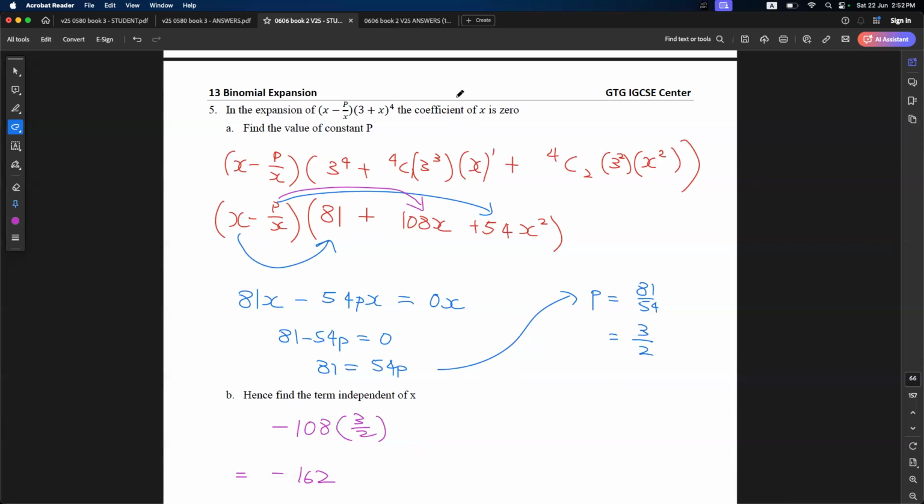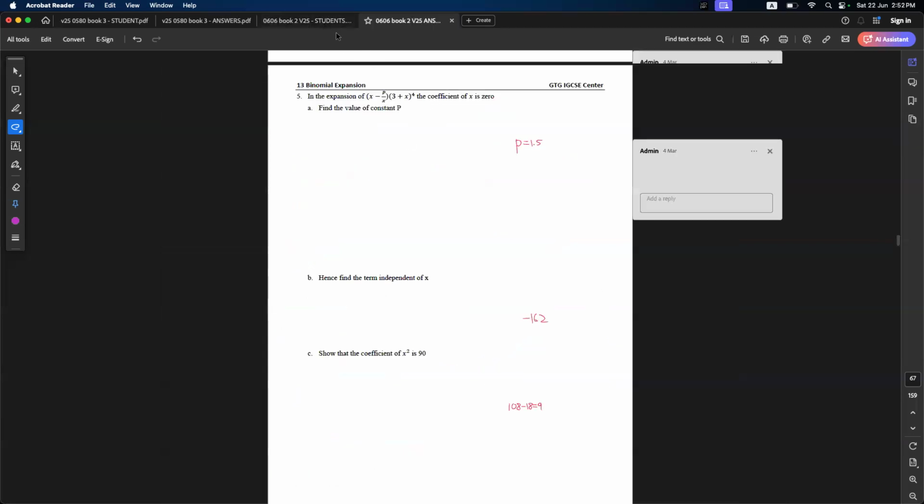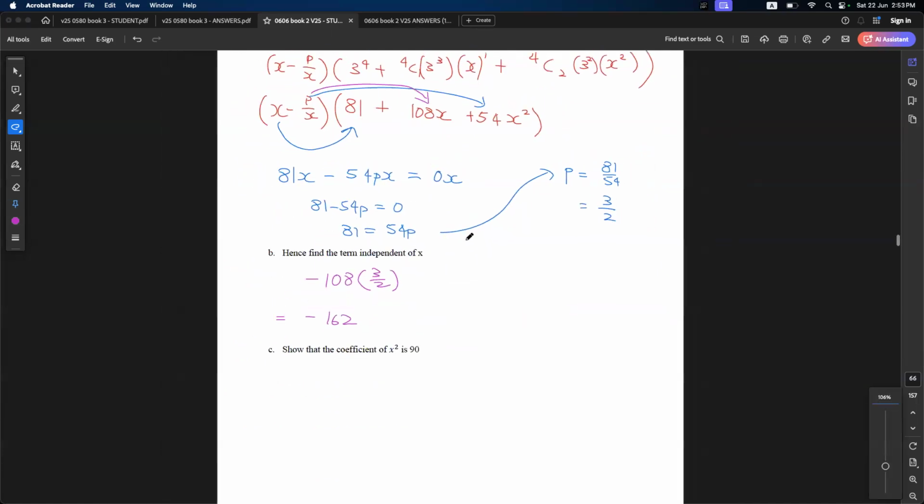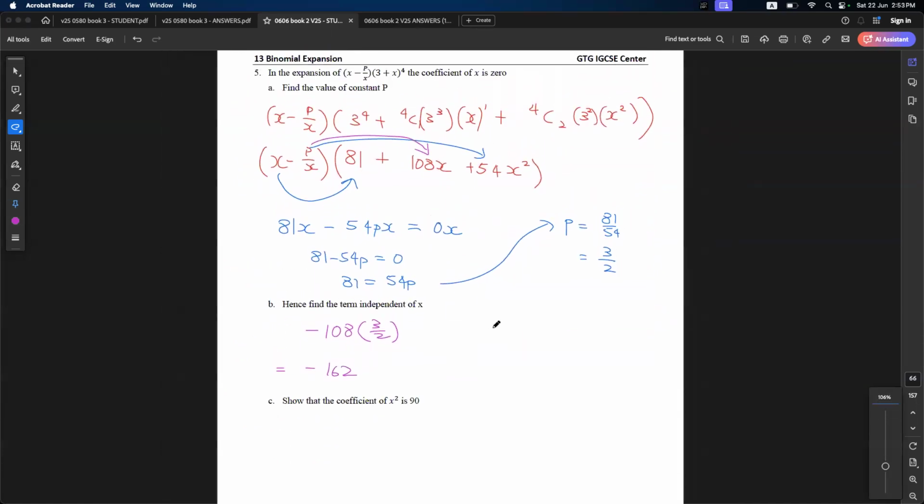Now, show that the coefficient of x squared equals to... For this "show that" question, what do we have to do? Which expansion gives us x squared? Px times 1/8x does not give me x squared.